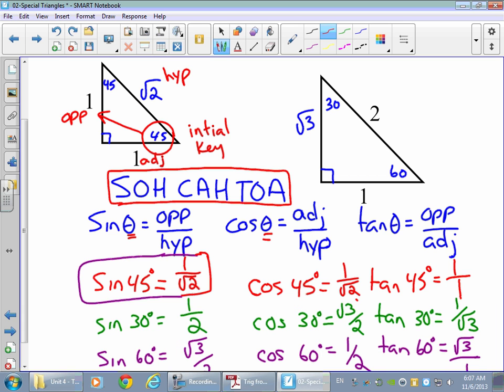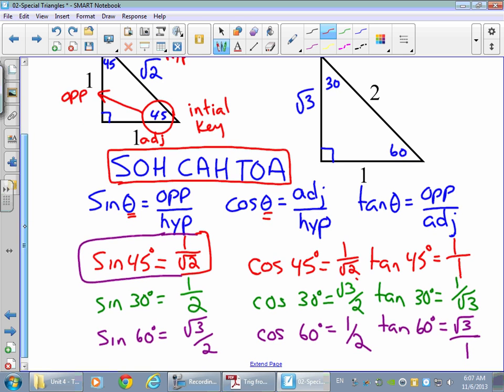So in the same way that I established my sine, cos, and tan for 45, I can do for the others here. I've got the green is 30. So this is my initial angle here. Starting from this angle, I can establish my opposite to be over here, my adjacent to be right here, my hypotenuse to be over here.